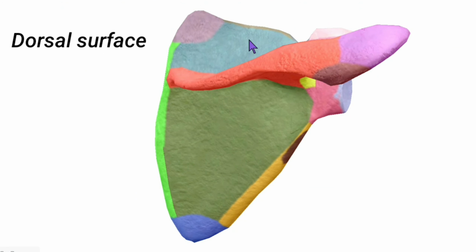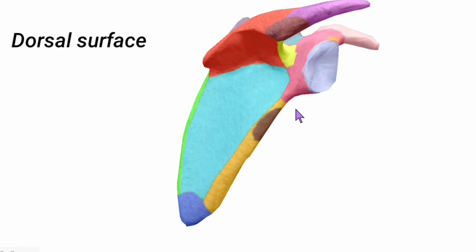The dorsal surface has the attachment of the spinous process of the scapula that divides the dorsal surface into the upper smaller supraspinous fossa and the lower larger infraspinous fossa. The supraspinous and infraspinous fossae are connected laterally by the spinoglenoid notch.